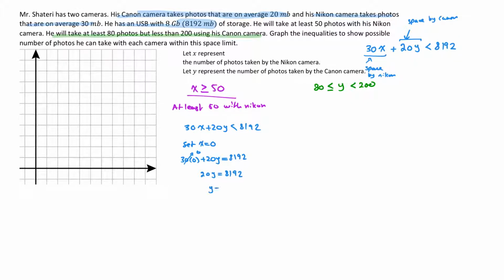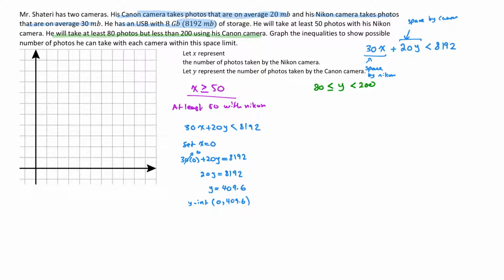So y will equal, and once I do this, I will get 409.6. So that's my y-intercept. The y-intercept is at 0, 409.6.